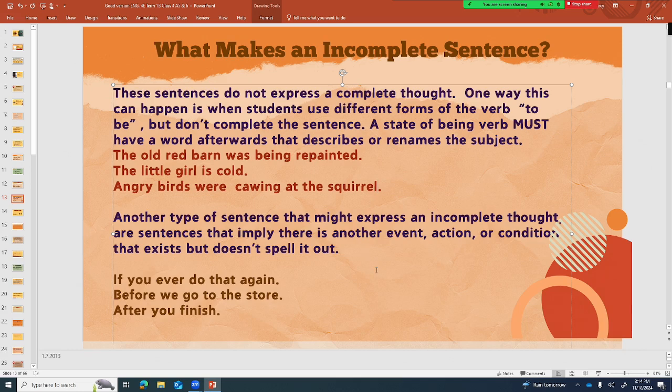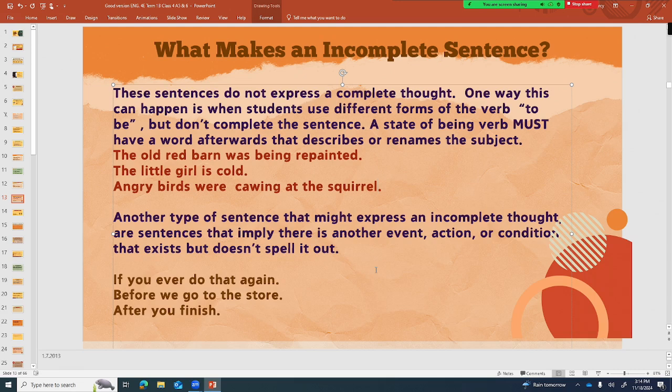Another type of sentence that might express an incomplete thought are sentences that imply there's another event or action or condition about to happen or that existed, but they don't tell you what it is. If you ever do that again, what's going to happen? If you ever do that again, what are you going to do? You have to finish the sentence.